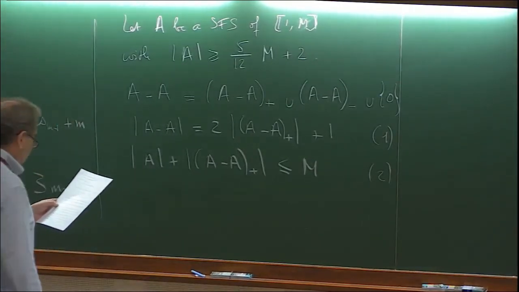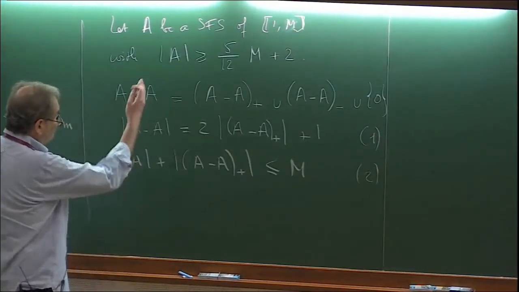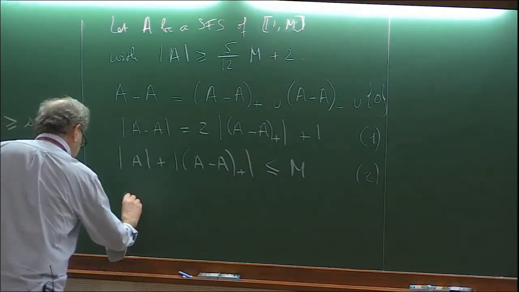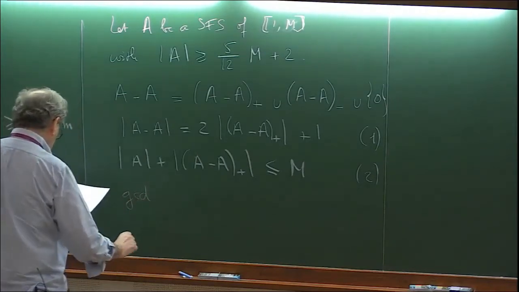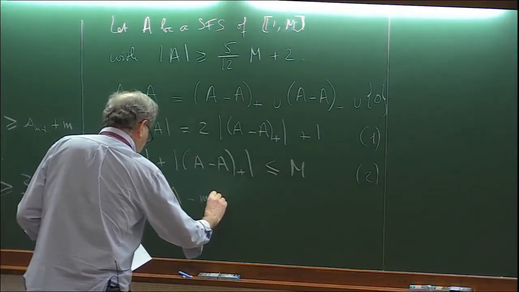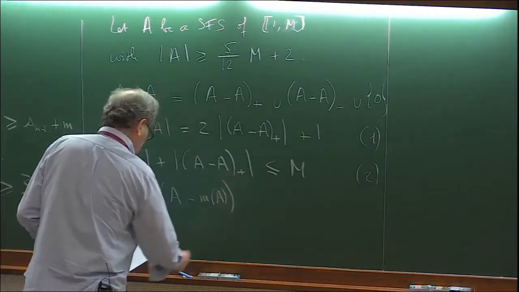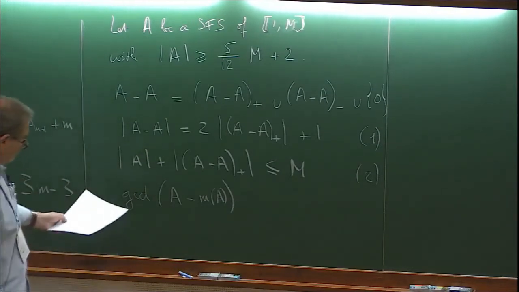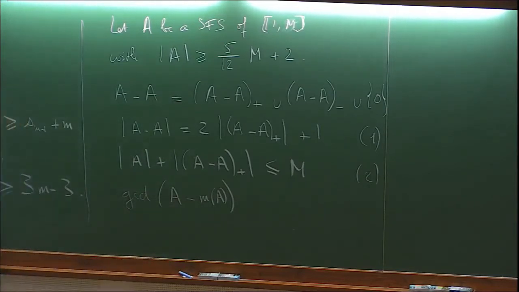Okay, so now what about the GCD of the elements of A? So I take A minus the little m of A. So assume that the GCD is what I want to prove, in some way, that the GCD is 1, so that I am in a good position.